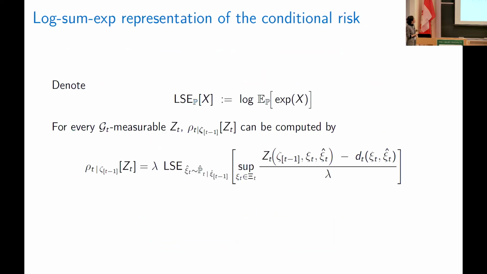To summarize what we have so far, we define the corresponding dynamic risk measure, and if we denote it in this log-exponential way, we can show that for every G_t variable Z_t, we can compute this rho_t, this conditional risk mapping of each Z_t, only depending on the xi hat here, which is the data-driven method to calculate the corresponding conditional risk mapping, and then we can use it in data, to make sure everything here is well defined, right?